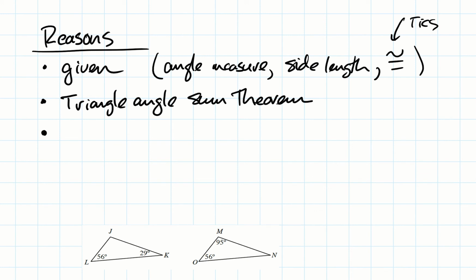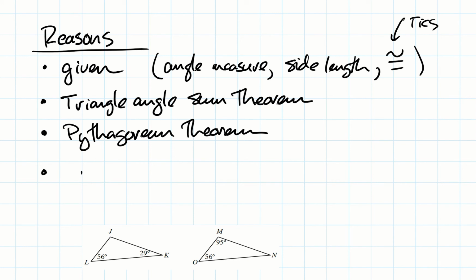Another possible reason for a justification could be the Pythagorean theorem. So if you knew two lengths of a triangle and you wanted to assert what the third one was, you could say, hey, this side is 5. Why? Because of the Pythagorean theorem and the lengths of the other two sides. So the Pythagorean theorem could be a reason.